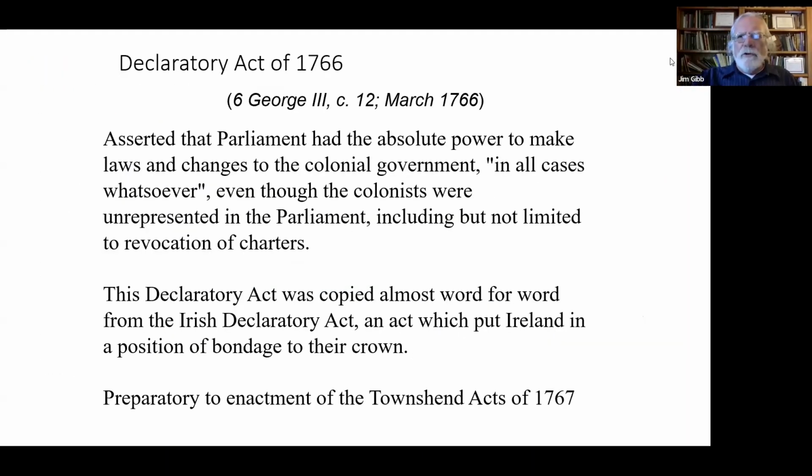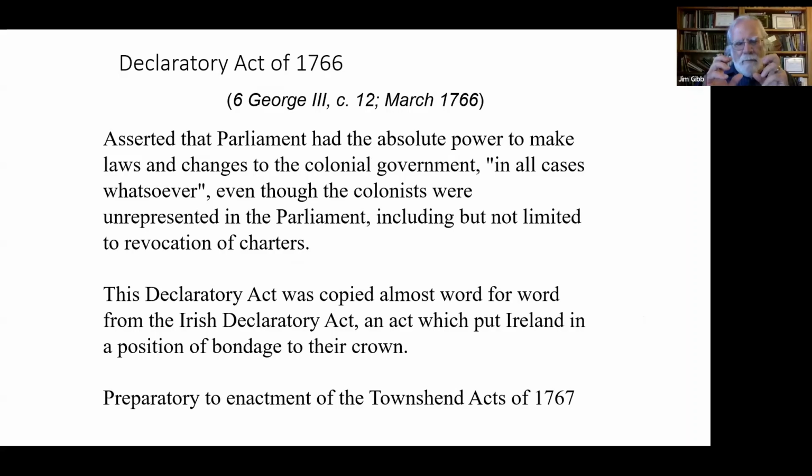So just a quick review of what I spoke about last month. The Stamp Act was really what got things roiling with the American colonists and rising tensions with Parliament.